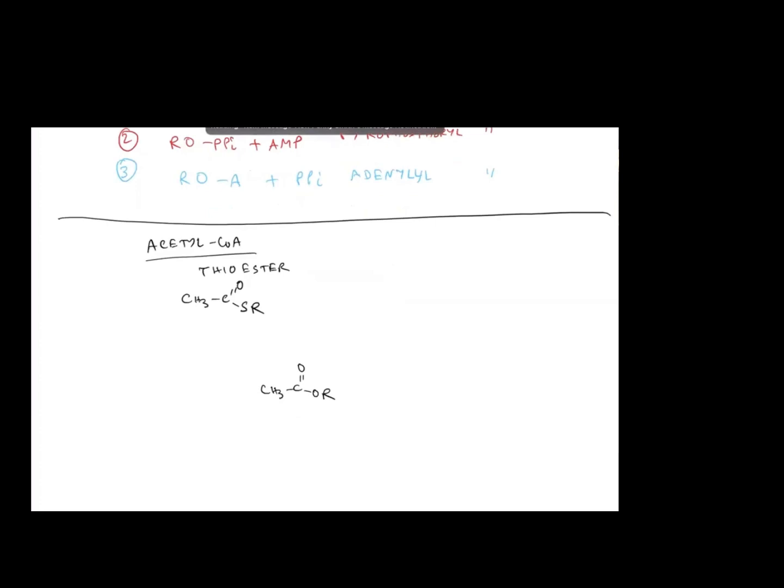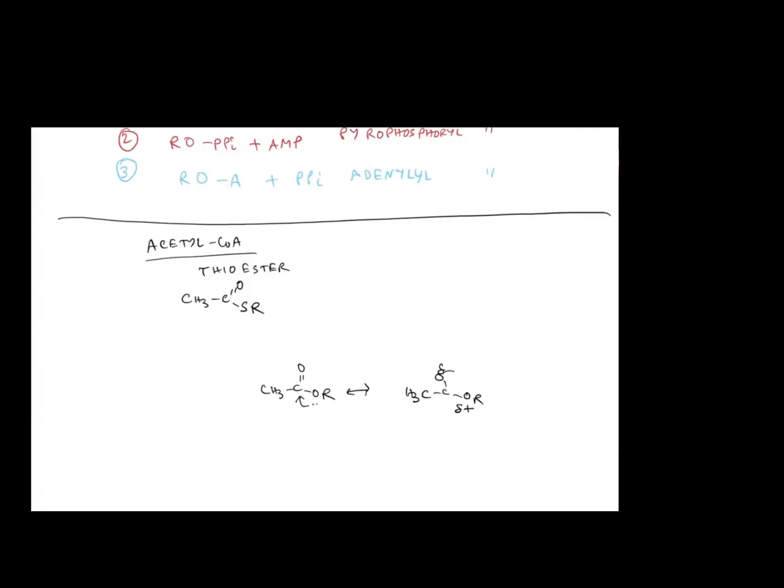Because here you'll have a better resonance stabilization, in the ester. So I can write delta plus, delta minus, whatever. Ester is going to be more resonance stabilized because of the oxygen that is present.